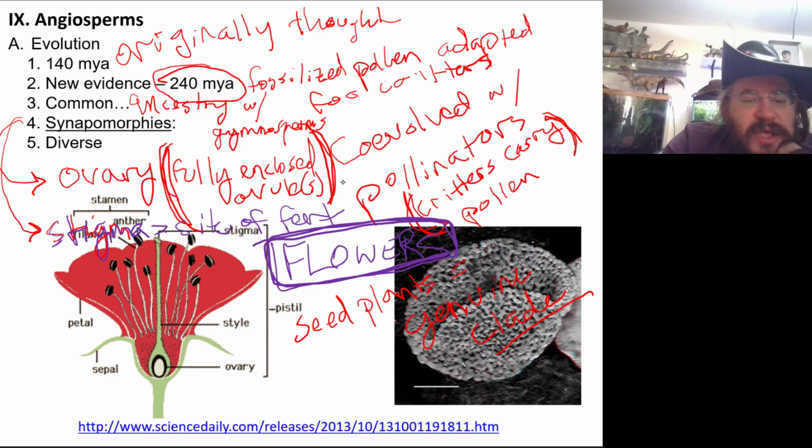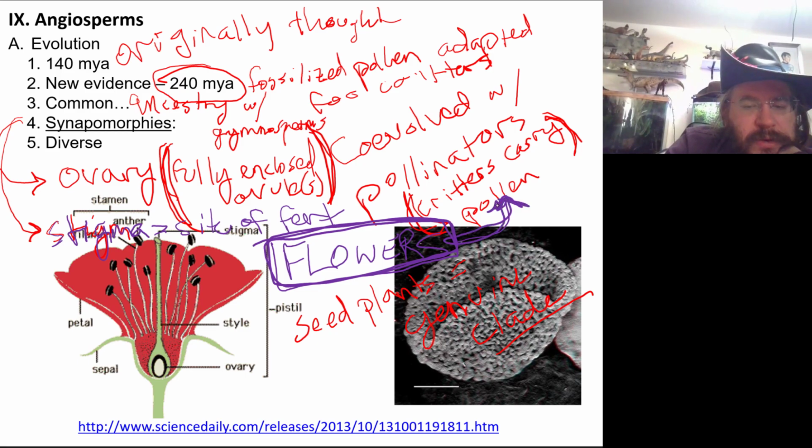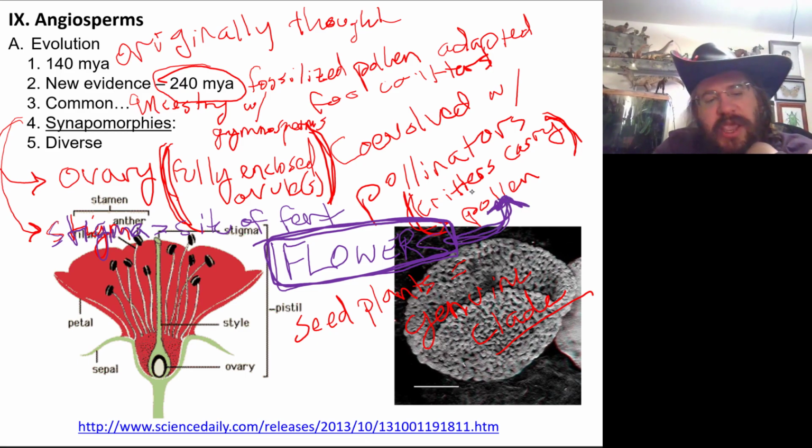And that comes right into critters carrying the pollen. Why would critters carry the pollen? Because they go to flowers. And why do critters go to flowers? Because flowers produce nectar. Why do flowers produce nectar? So the critters crawl into the flower to consume the nectar.